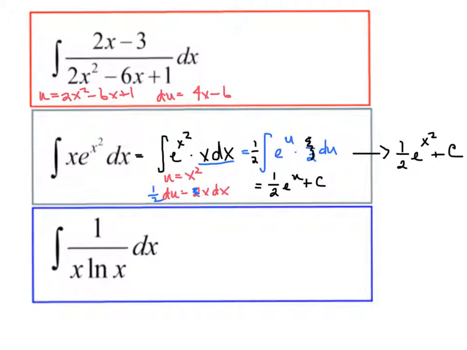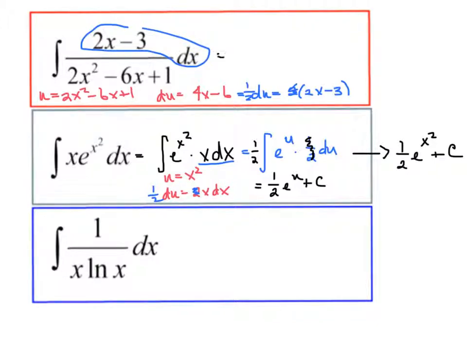Well, look at the numerator. It's 2x minus 3. If I factored a 2 out here, du is equal to 2 times 2x minus 3, like that. I could divide both sides by 2, and I could replace the 2x minus 3 dx with a 1/2 du.